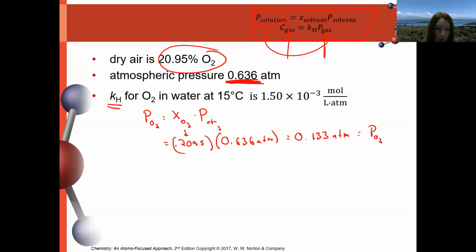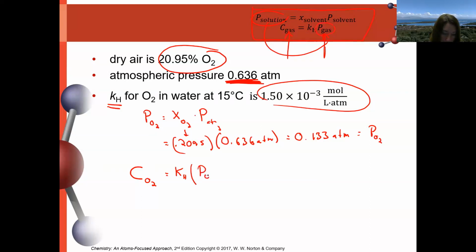So now we can use our Henry's law. So we want the solubility of our oxygen, which is going to be the Henry's law constant, which is always, again, going to be given to you, times the pressure of our oxygen. I'm going to write over here to make it a little bit easier.